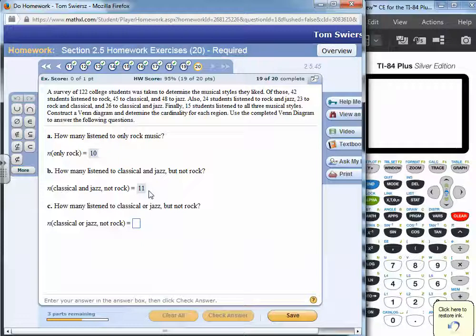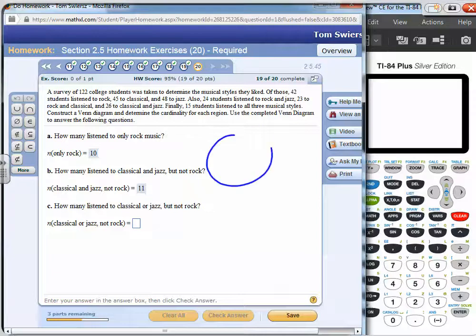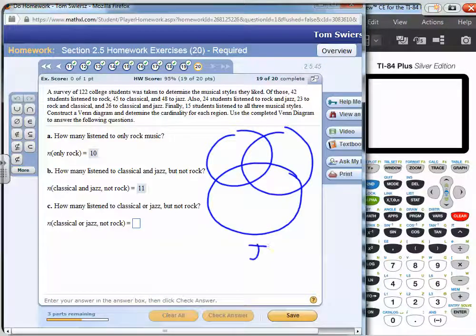How many listen to classical or jazz but not rock? Classical or jazz, if you remember the diagram, this was jazz, this was classical. We had 8, 11, 15, 11, 9, and 13.